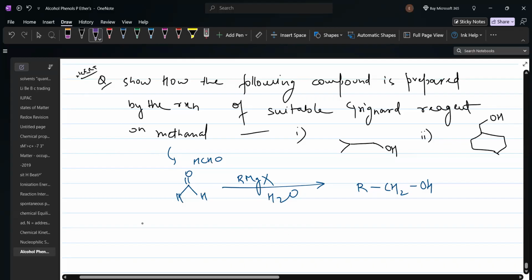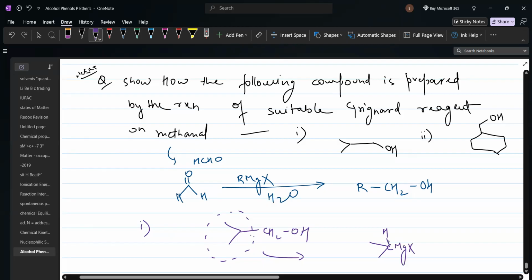Let's solve this question. So the first question is we have to make this CH2OH. So the Grignard reagent will be this one. This one will be like this is carbon, MgX, one hydrogen is also attached, MgX will be there, right?